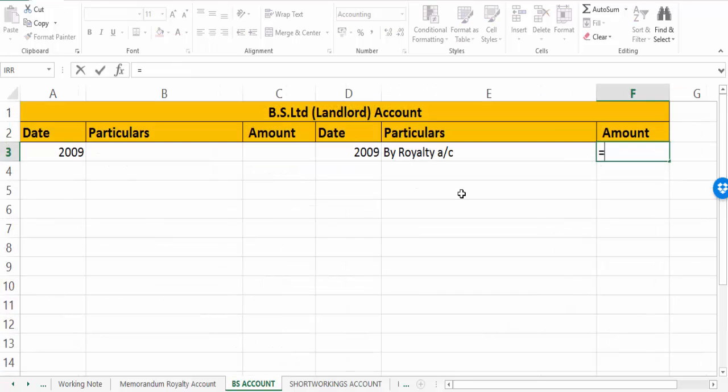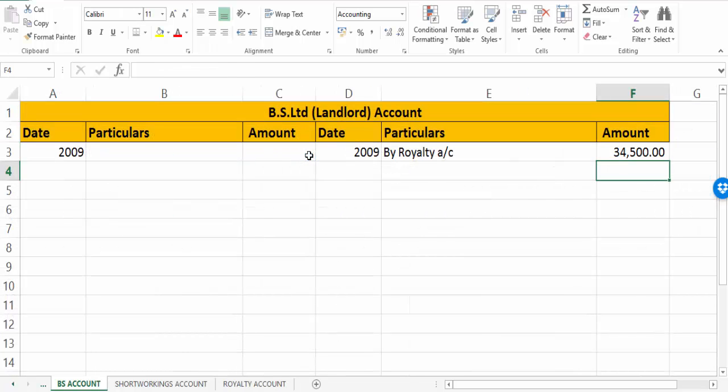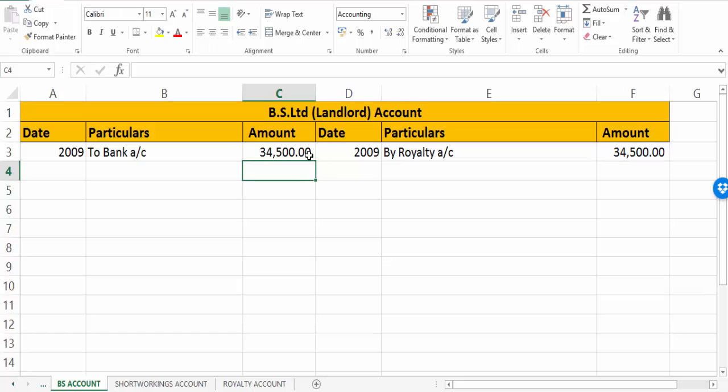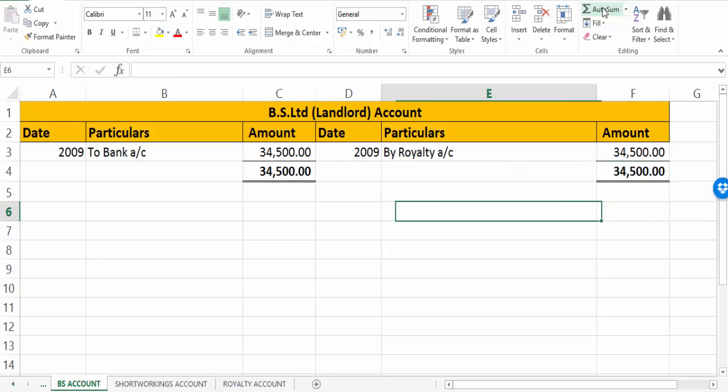Go to royalty account. Somewhere we have it here, which is 34,500. Then that has been paid, so we'll say to bank account. How much? 34,500, and we'll close this. 34,500 both sides. So the 2009 story is over.